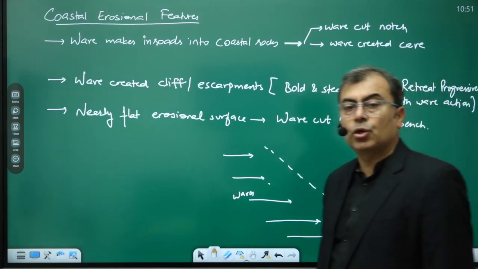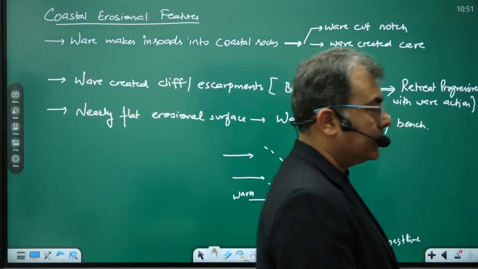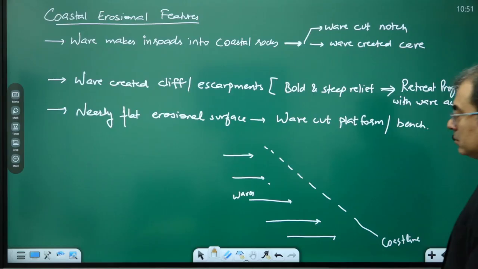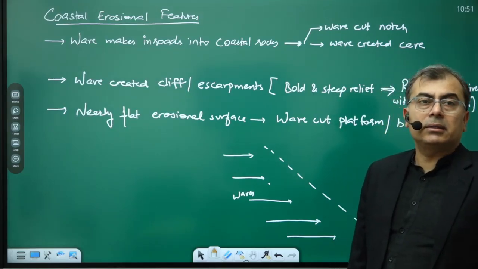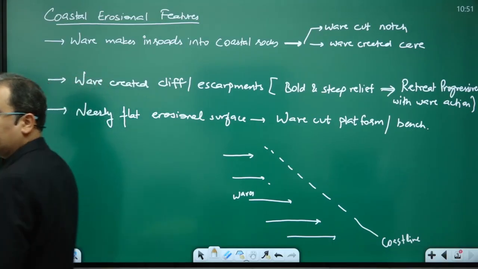This is the coastline. Is the wave hitting the coastline at 90 degrees? Is the wave perpendicular to the coastline in my diagram?